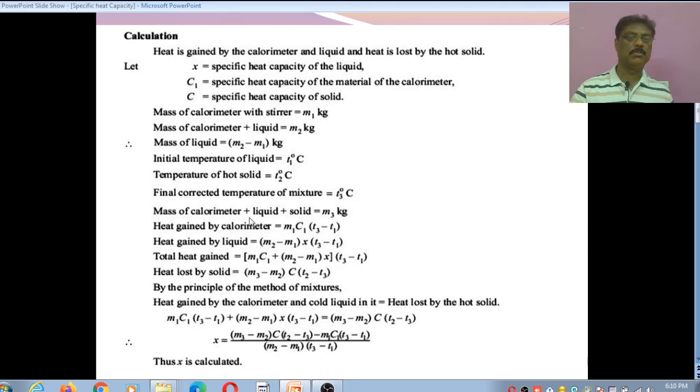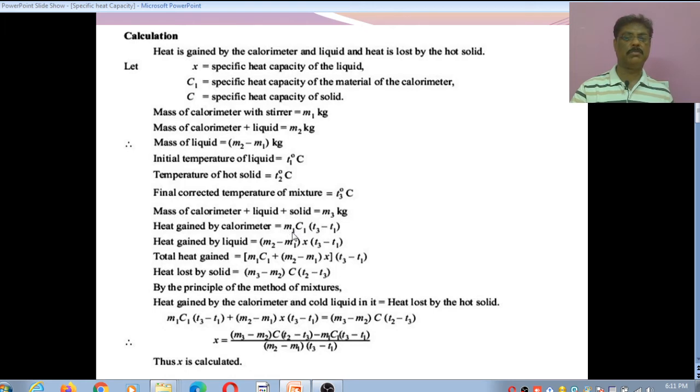Now the mass of the calorimeter plus liquid plus solid, after mixing, is taken as M3. Now the heat gained by the calorimeter: we have already seen the formula, m c theta, mass into specific heat into temperature difference.